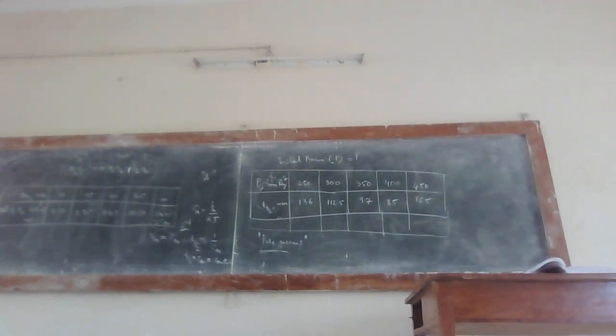Yes, you just note down both of them. Keep the values. T half multiplied by Ca naught.